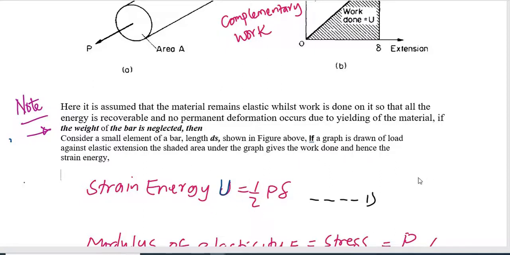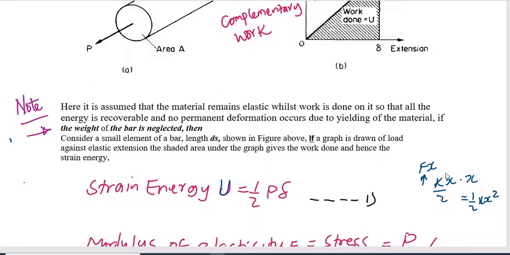Therefore, if we can recall the strain energy stored in an elastic material, for example a spring, we said that work is equal to force times distance, which is extension x, but this force for an elastic material that obeys Hooke's law is equal to kx, so times x. So if we take half of that, it will be half kx squared.